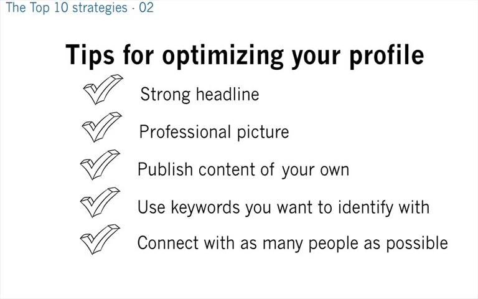Use keywords you want to identify with. So if you're familiar with search engine optimization, it is this process and kind of methodology around getting your website to rank well in the search engines. And one of the keys to it, maybe the most important thing, is to make sure that you are optimizing your site to certain keywords, which is just to say that you want to use the keywords that people are using to search for your products and services on the web.